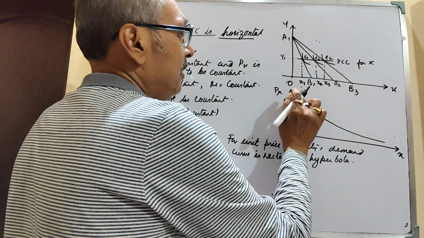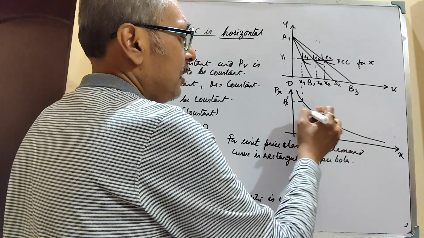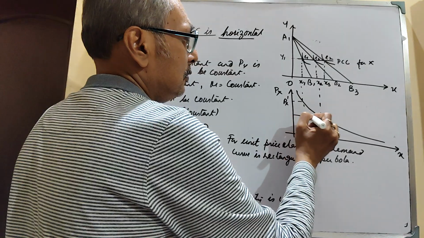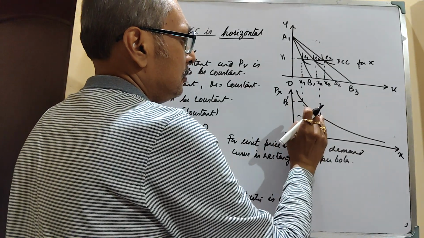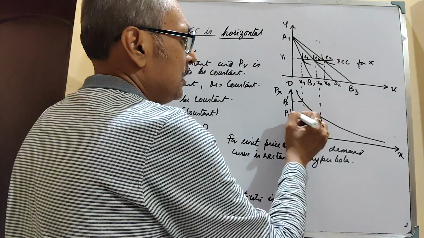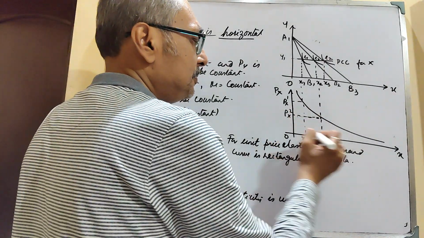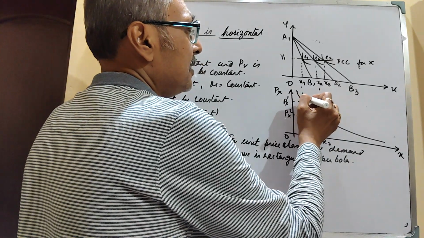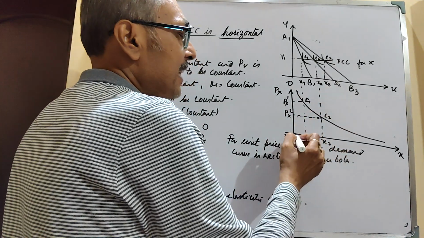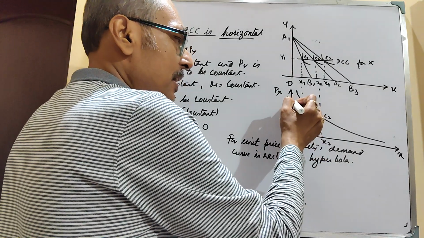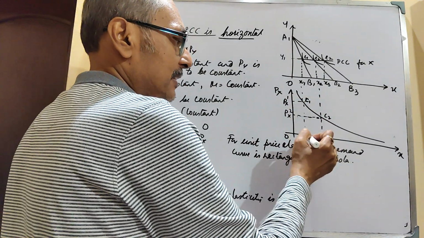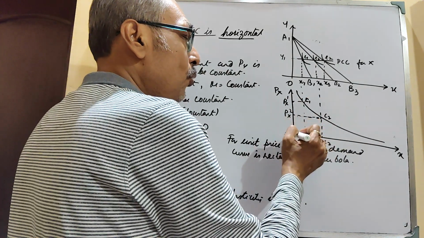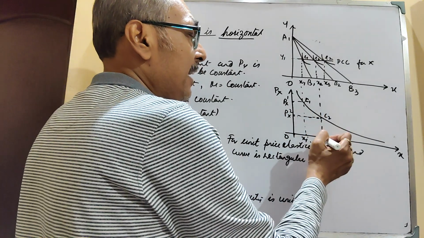This is our px1. This is x1. This is px2. For the rectangular hyperbola, say this is C1, this is C2. The area of OPX1, C1, X1 is equal to OPX2, C2, X2.